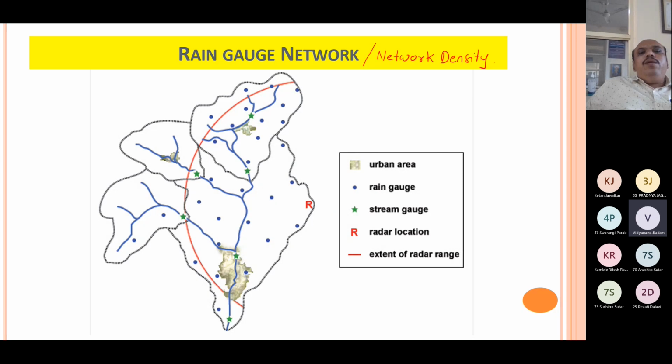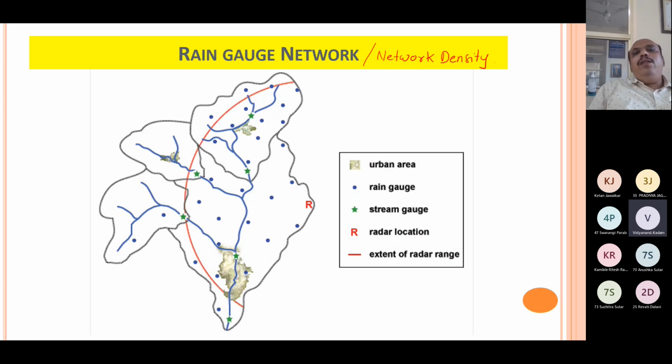Now, what is the importance of the rain gauge network? During practicals, we have seen that for various purposes, we need the average annual rainfall value, or we need the average precipitation value. This average precipitation value may be worked out daily, seasonally, or annually.